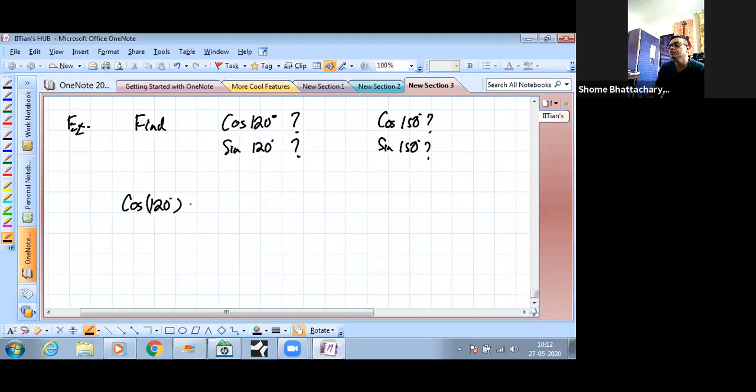Use the formula. So cos of 120 will become minus of cos (180 minus theta). We are using the formula that cos theta is minus cos (180 minus theta). So that is minus cos 60. So it's minus half.